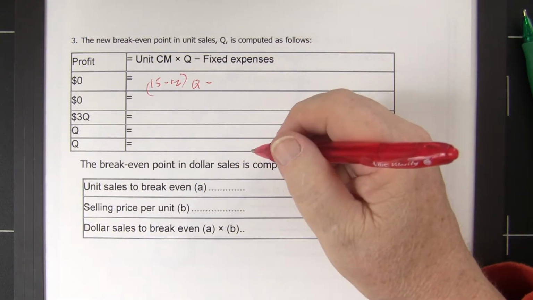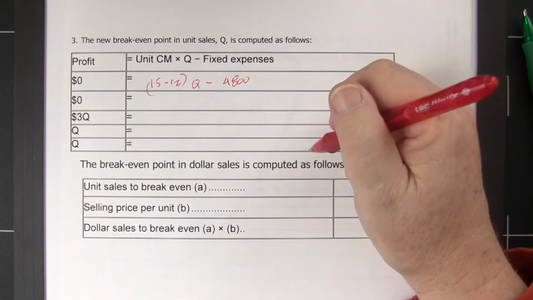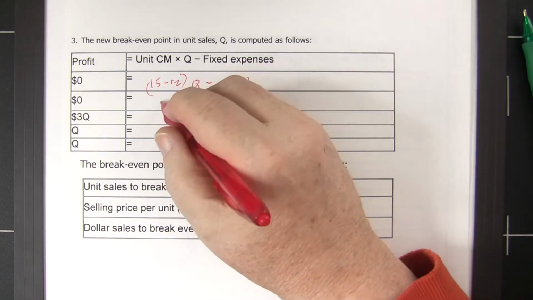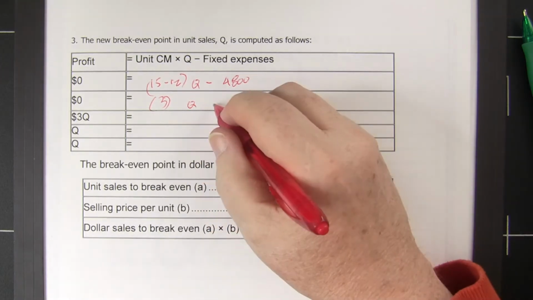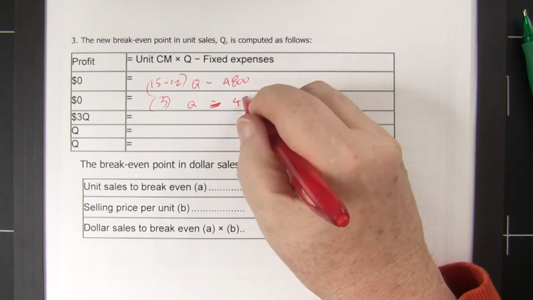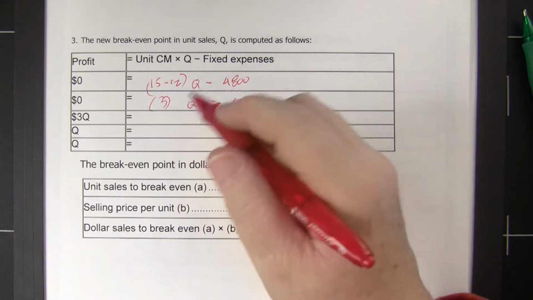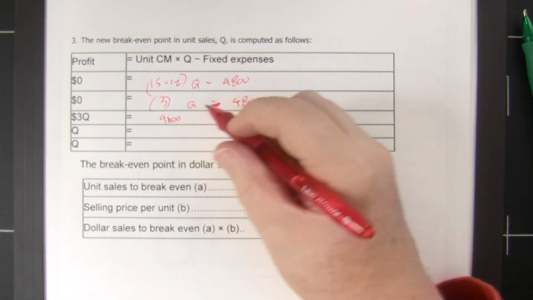Our new fixed expenses are now 4,800. Remember, they were 4,200. We still get to do the same thing. 3 times Q minus 4,800. 3Q equals 4,800. We just did the algebra.